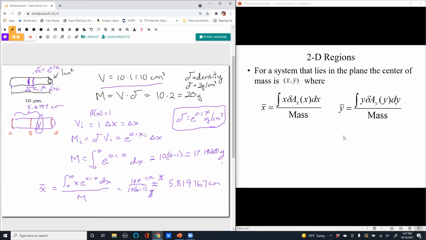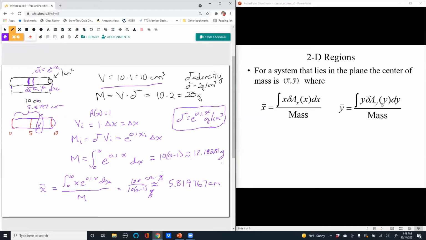We're going to focus on 2D though, because like I said, we're not going to do any 3D in here. All right. So this is great as long as our density is in terms of the variable we're integrating with respect to, or is constant. If our density is constant, this works out great to have it in these forms.